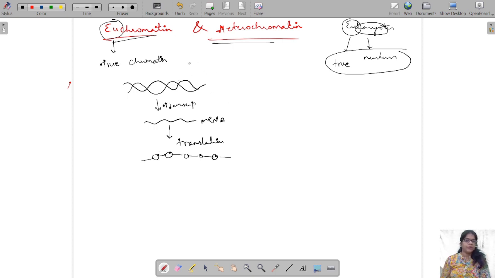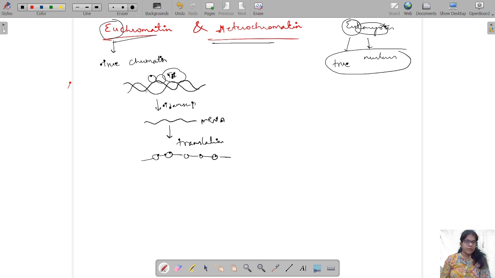But for the chromatin, what happens is, for example, this is your DNA, and for this DNA to get transcribed into mRNA, there are some factors called transcription factors. You can go through the class I have already done previously on my channel, on transcription and translation, where you will come across the transcription factors.